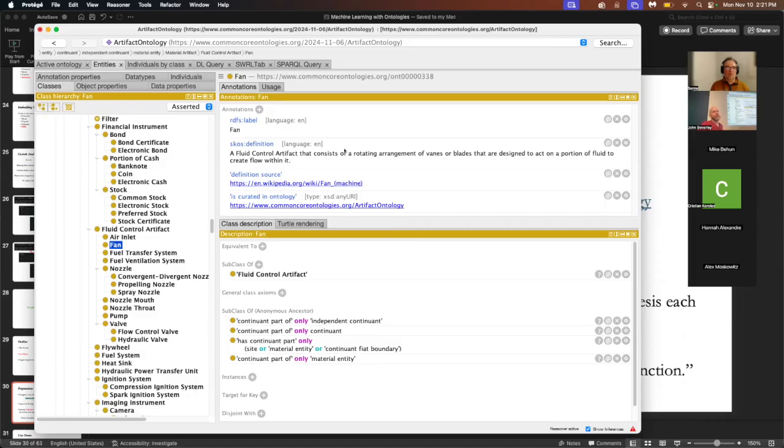You can see this is a particularly good example, because you'll note that designed is modifying the active portion. But there are assertions about the nature of the thing prior to the design clause. So it's a fluid control artifact that consists of a rotating arrangement of vanes or blades. Are there examples of fans that are fluid control artifacts that don't consist of rotating arrangements of vanes or blades?